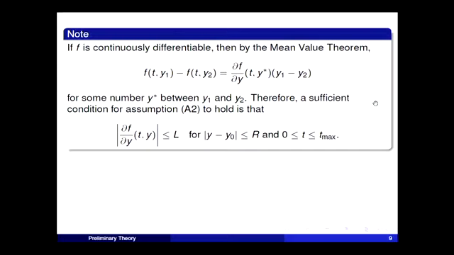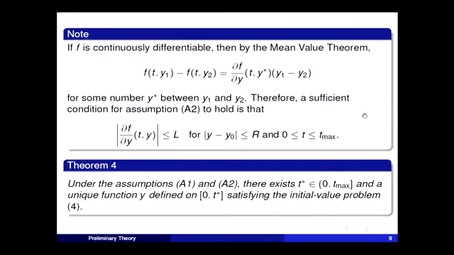Okay, and Lipschitz. Then under those assumptions, the initial value problem has a unique solution for some point in time. So we are not going to prove it, but at least we know that under certain assumptions the initial value problem has a solution.